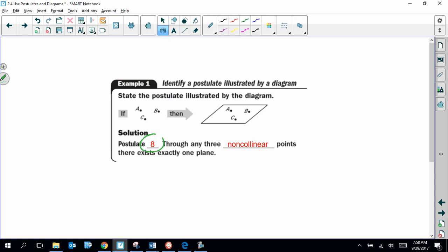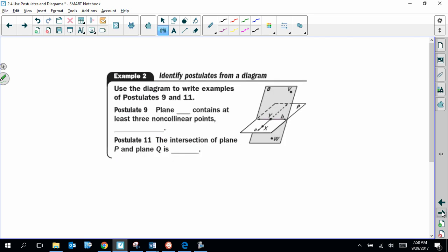This I'm less concerned about. You recognizing the actual concept is what I'm particularly interested in. So just make sure that anytime you have three non-collinear points, there's a plane, whether it's drawn for you or not.